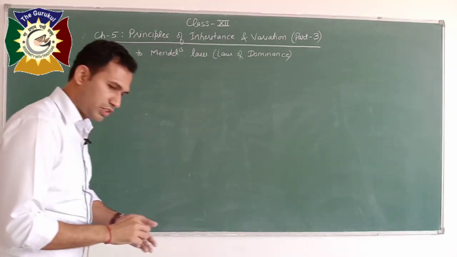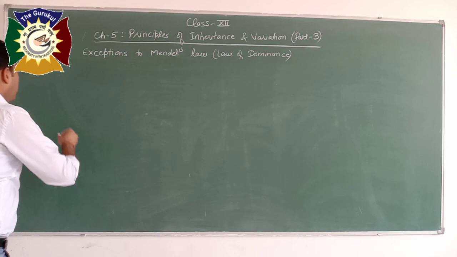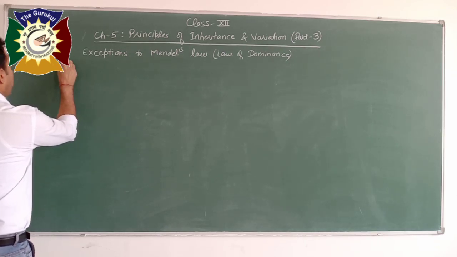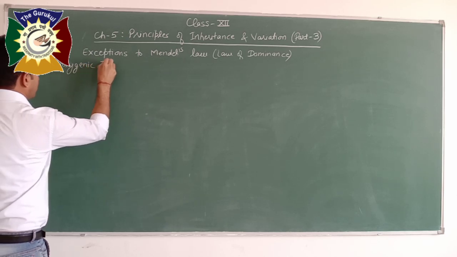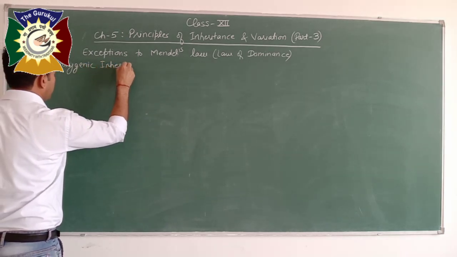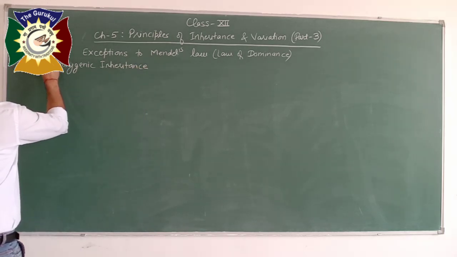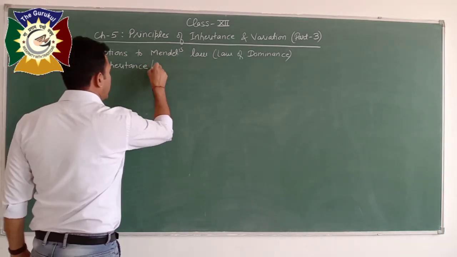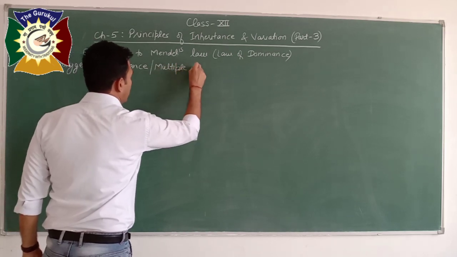Now we are shifting to the third type. The third type is polygenic inheritance. So this is C type. Polygenic inheritance.